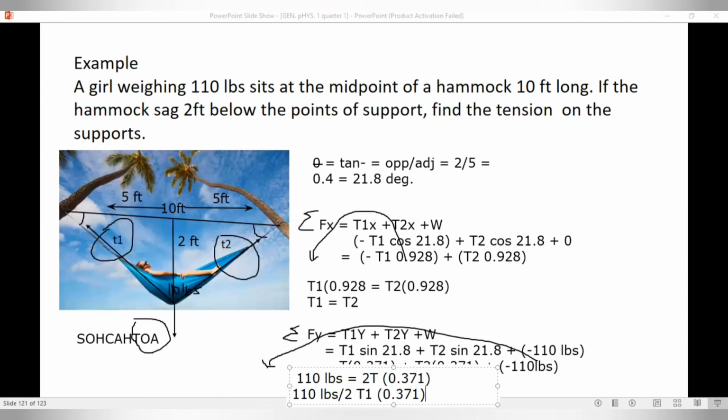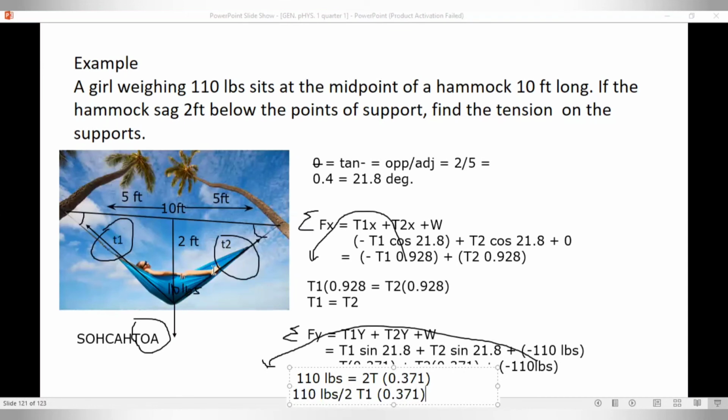And therefore, kung hahatiin po natin itong 110 pounds, kasi nga 'di ba ito ay siyempre yung kalahating bigat nito nandito, kalahating bigat ay nandito.